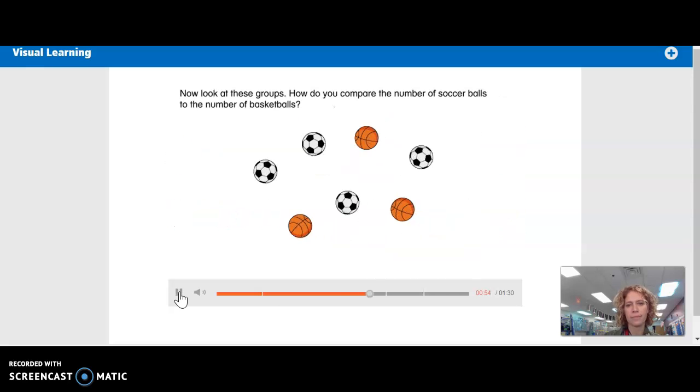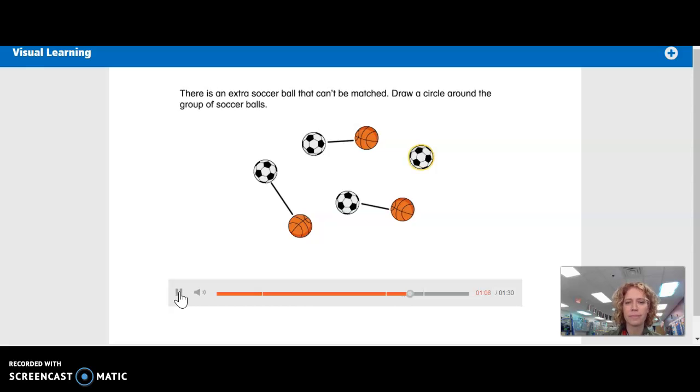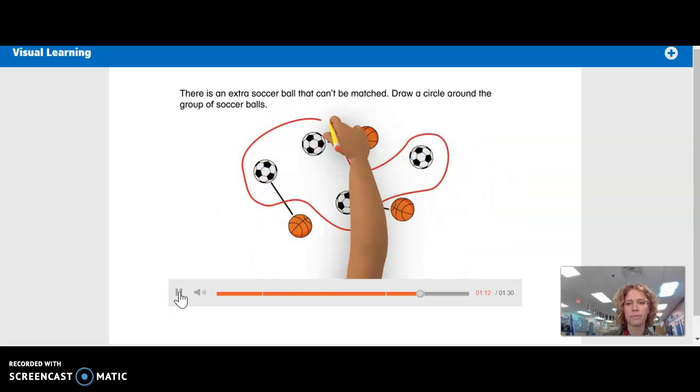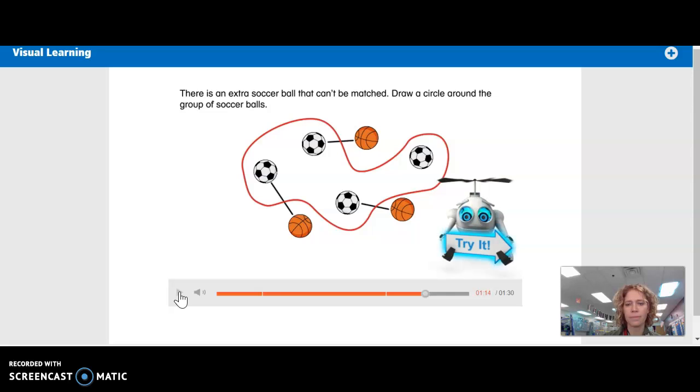Now look at these groups. How do you compare the number of soccer balls to the number of basketballs? Do you remember what we need to do? To compare, you match 1 to 1. Good job. There is an extra soccer ball that can't be matched. Draw a circle around the group of soccer balls. Great job.